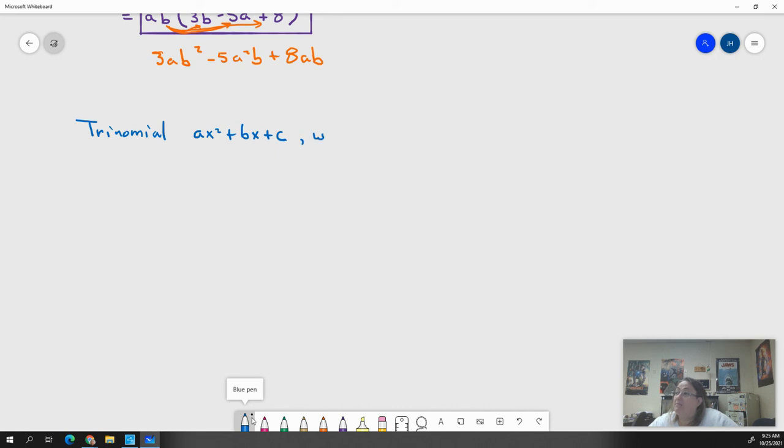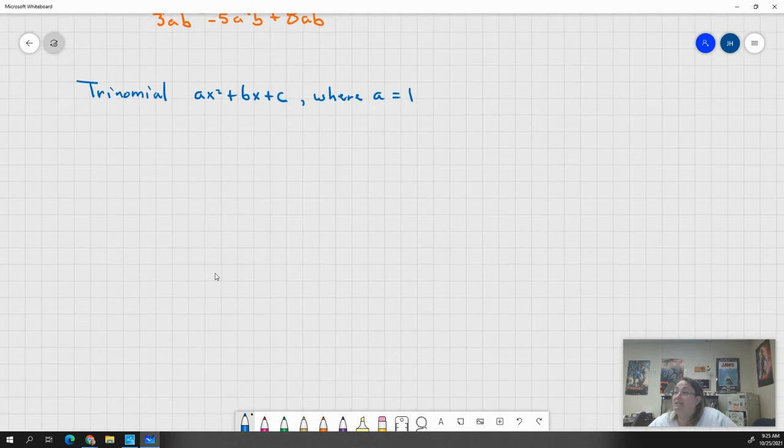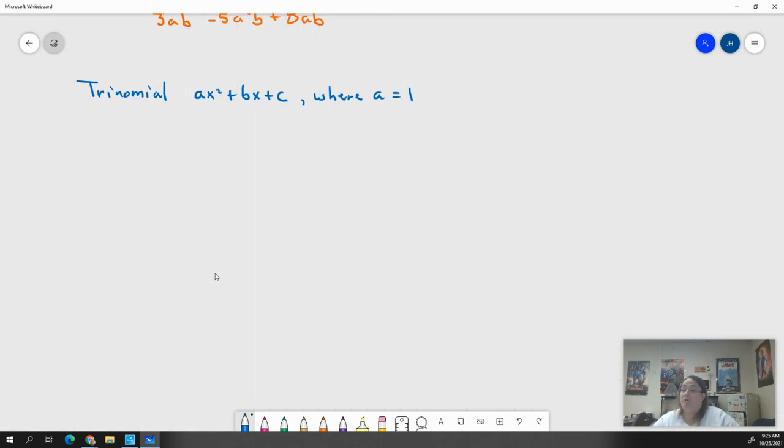Specifically today, we're going to be talking about where a equals 1. Tomorrow, when I see you later this week, we're going to talk about what to do when a doesn't equal 1. I always like to start this off with a chart when we're factoring trinomials.